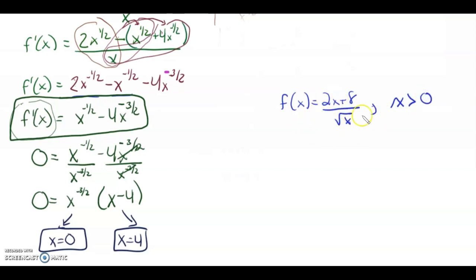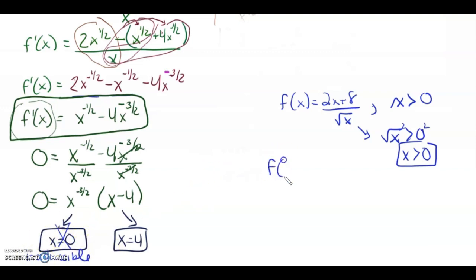Because we have to put the restriction on this that the denominator has to be greater than 0 because the denominator is root x. Okay, we know that we can't divide by the number 0, but then also we can't have a negative number under the root. So we know that root x is going to have to be strictly greater than 0. And if we squared both sides, x is strictly greater than 0. So this x equals 0 is going to be inadmissible. That is not going to exist.